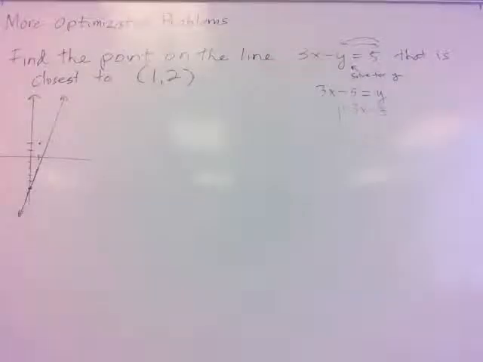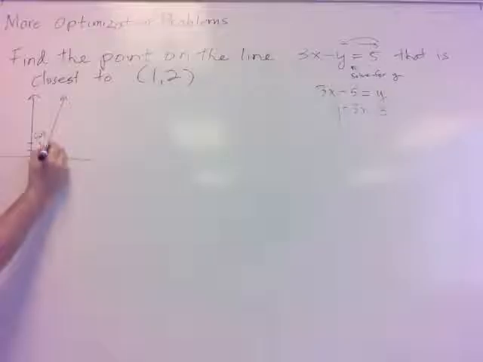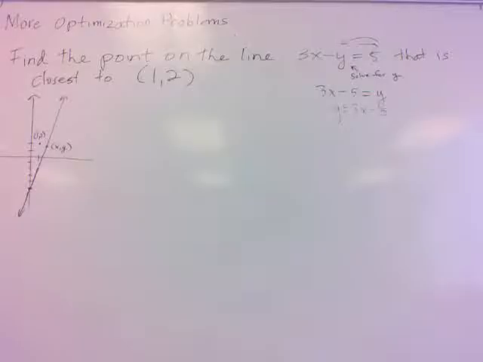So here's what I want to do. I want to take a point, and it looks like it's going to be somewhere close to there, but it doesn't matter where. So this point (1, 2), and this point on this line, (x, y) on that line, I want to find the closest such point.